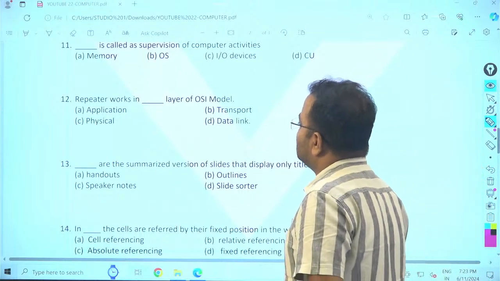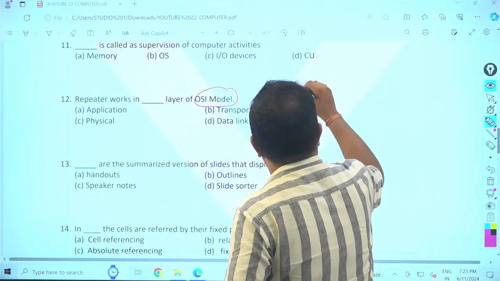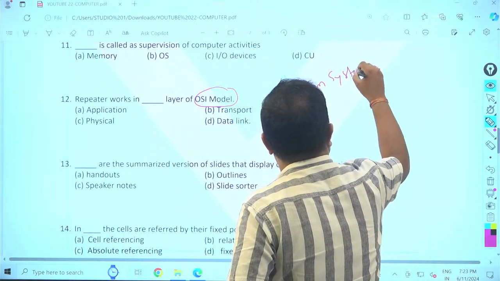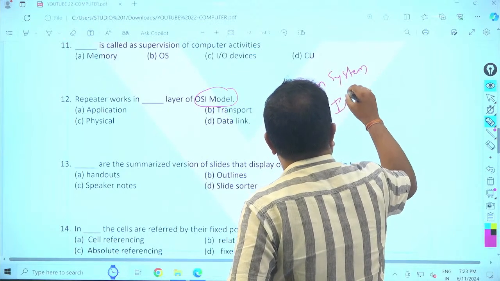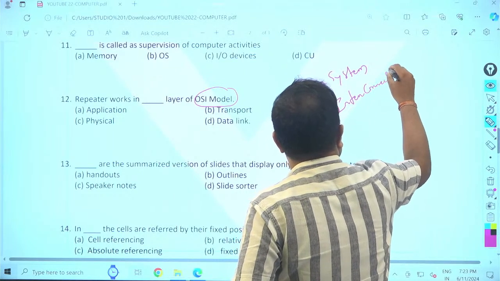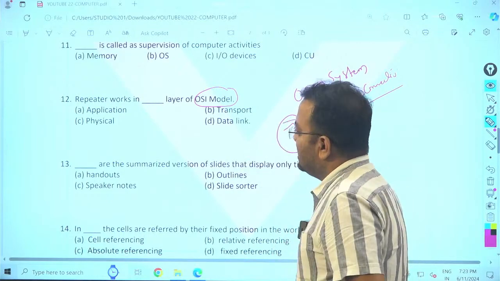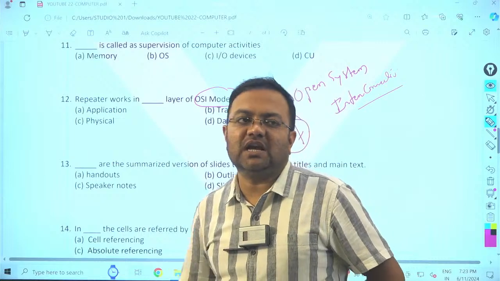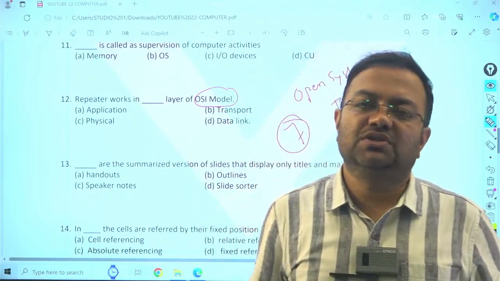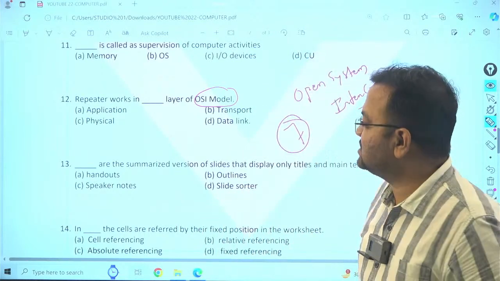Repeater works in which layer of OSI model? OSI, a very popular term, stands for Open System Interconnection. In the OSI model there are 7 layers, and the first layer is the physical layer, where all the physical equipment like modem, switch, repeater, this type of devices we can connect.